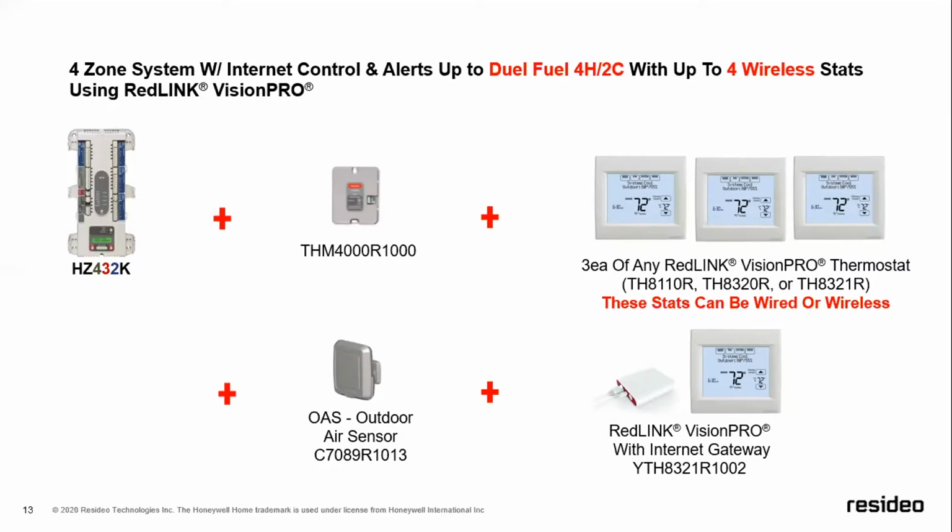So in that particular scenario, that's a way that you can actually have more than 4 thermostats on a gateway when it's in a zoning application with a wireless adapter. Okay, next slide, please.